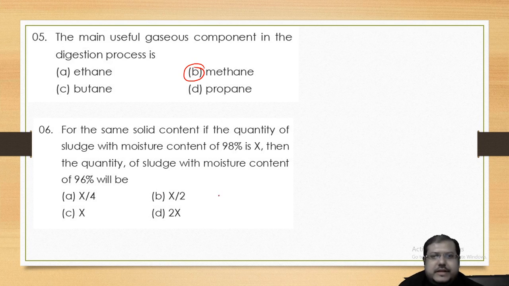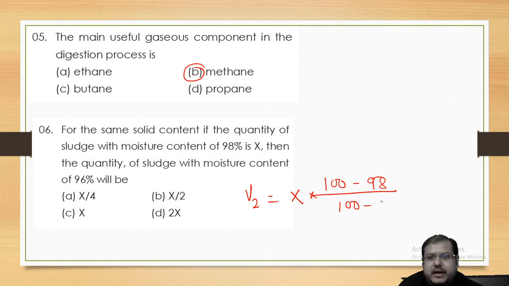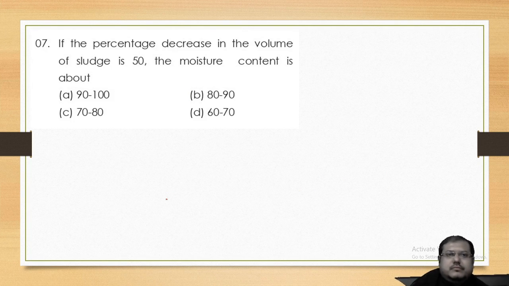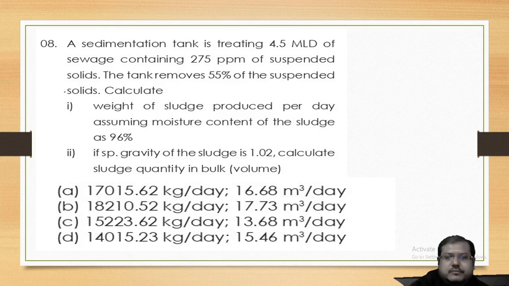You see, so V2 will be equal to X into (100 minus 98) by (100 minus 96), it's X by 2. Option B. And we have seen from the question 99 to 100%.